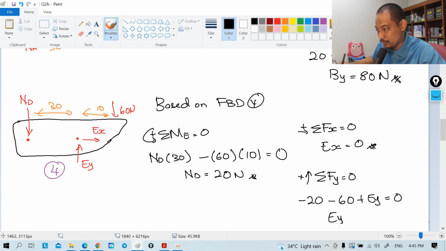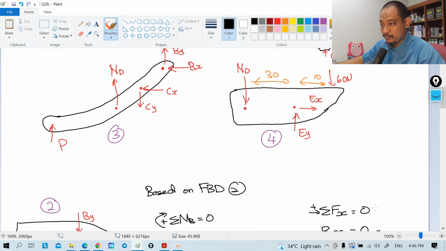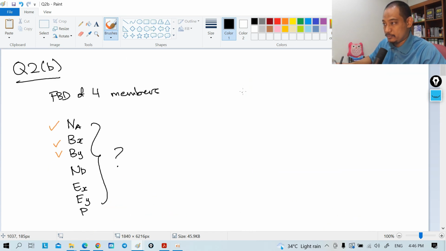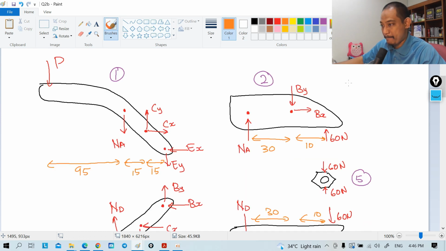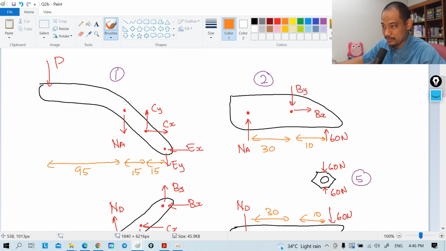So Ey equal to 80 Newton. Right, so you have also solved this one. Now what you need left is P. So for P, it's up to you whether you want to use 1 or 3. It will give you the same answer, right? So let's just take this one.